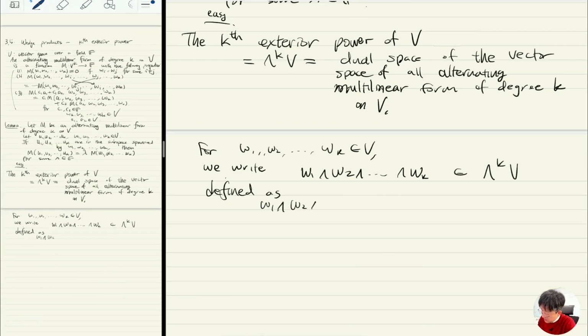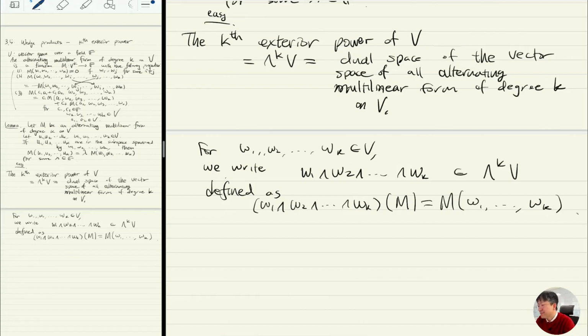If you remember the previous video about the second exterior power, it's similar, right? If I give an alternating multilinear form M, then it sends it to this value.